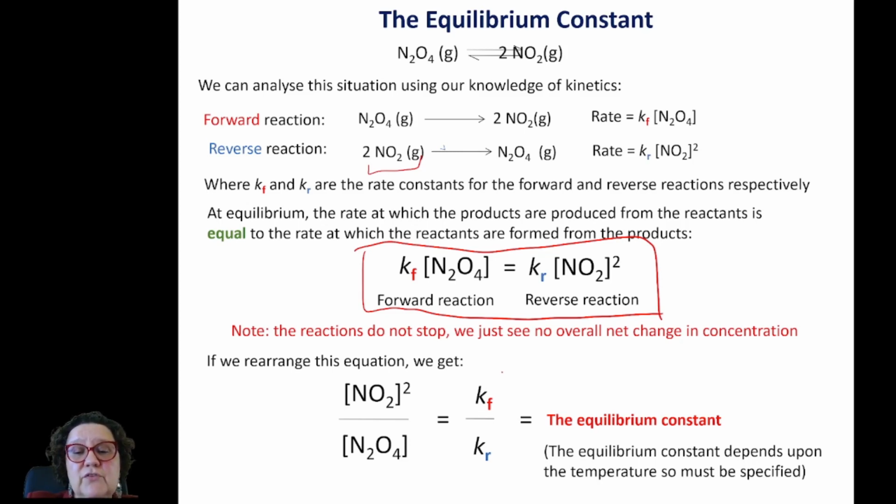And we don't call this the constant forward divided by the constant of the reverse reaction, we just call it K, and that's it.